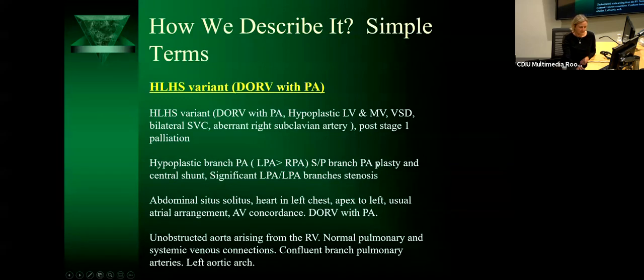They did a PA plasty and central shunt, had significant left pulmonary artery branch stenosis, but the abdominal situs solitus, heart in the left chest, apex in the left. So instead of levocardia, apex in the left, usual atrial arrangement, AV concordance, and double outlet right ventricle with pulmonary atresia.